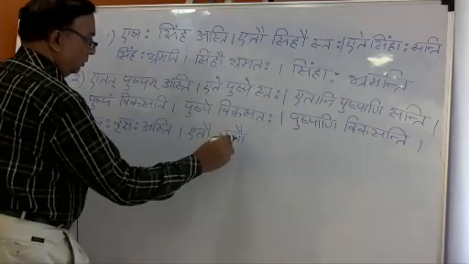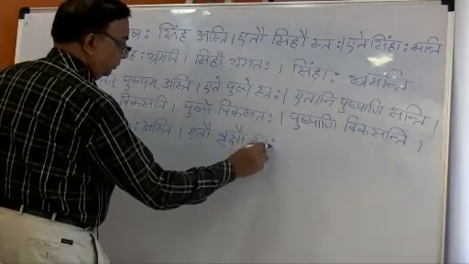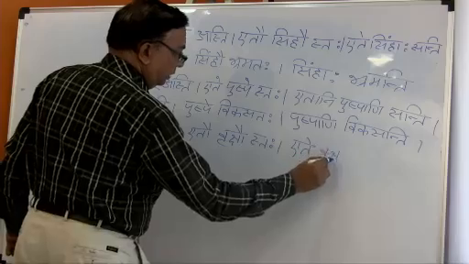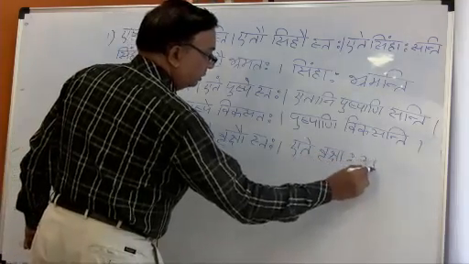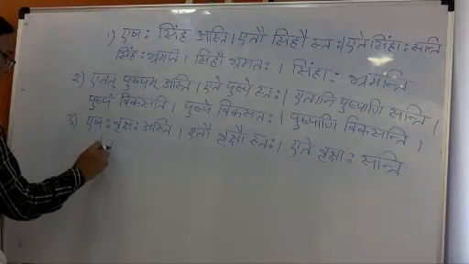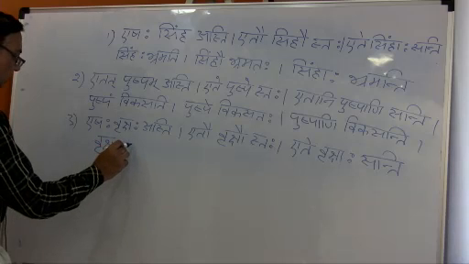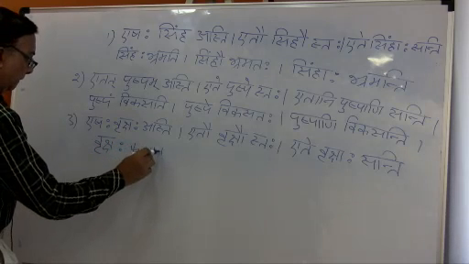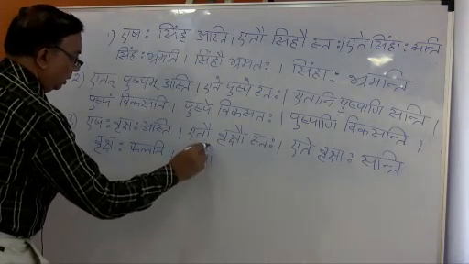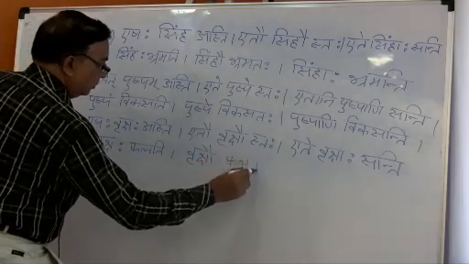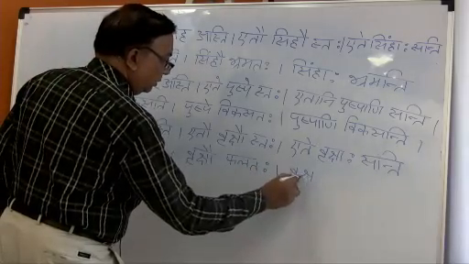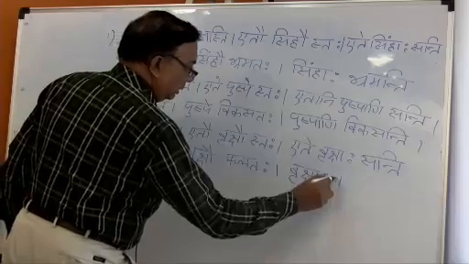Good. एते वृक्षाः सन्ति. वृक्षः फलति. वृक्षौ फलतः. वृक्षाः फलन्ति.